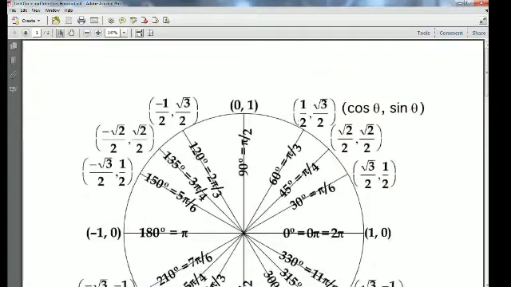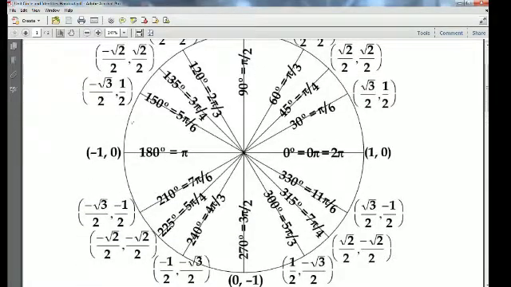Your unit circle, we just worried about degrees, so you should know that. Now we can put radians on it, that's what all these are. Do you have to memorize those? No, because you can convert. All you have to memorize is the conversion formula, and you can do each one of them.